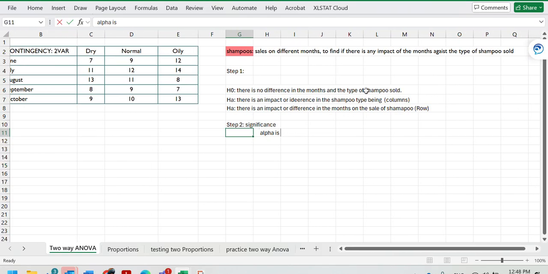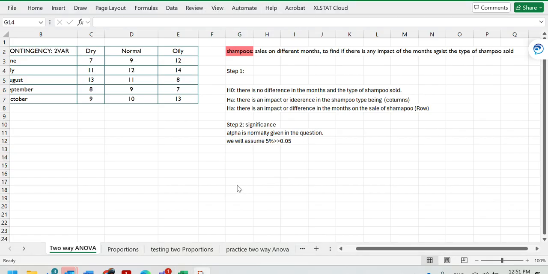So for this question, we'll take 5%, which is the same as 0.05. Normally it is given in the question what level of significance we want to use. If nothing is given, you can always assume and say I will assume 5%.